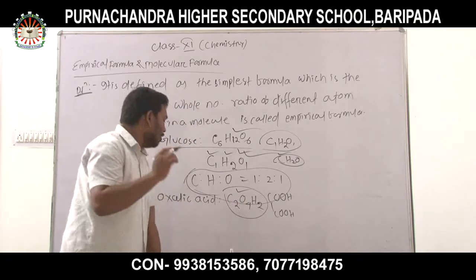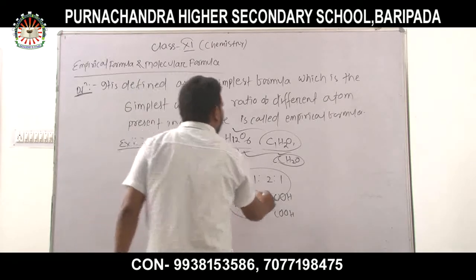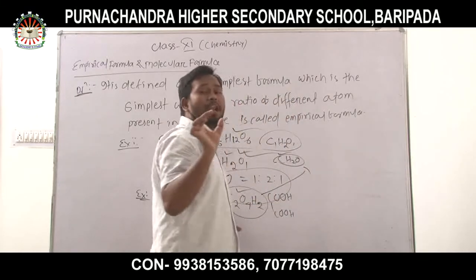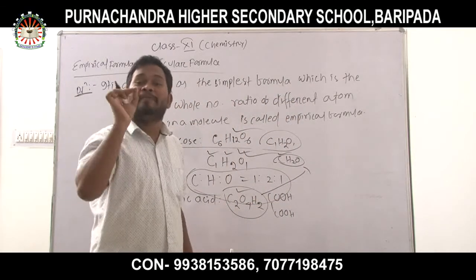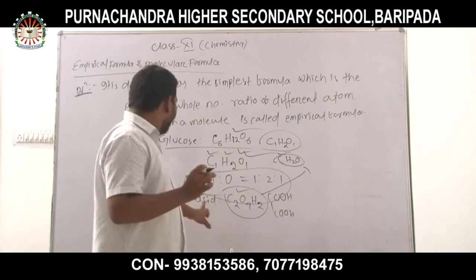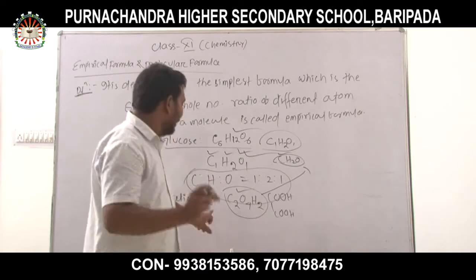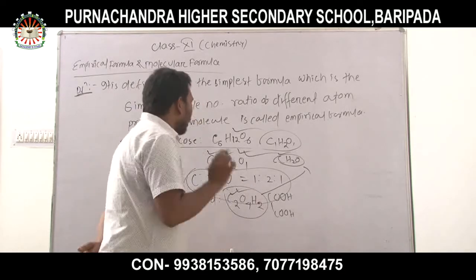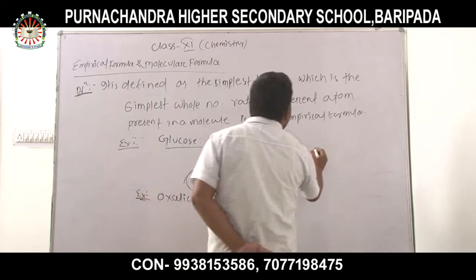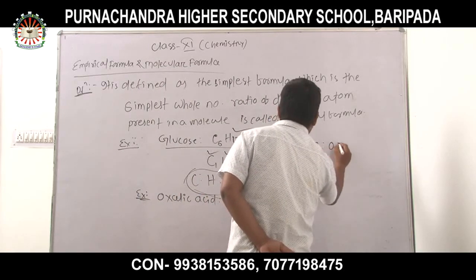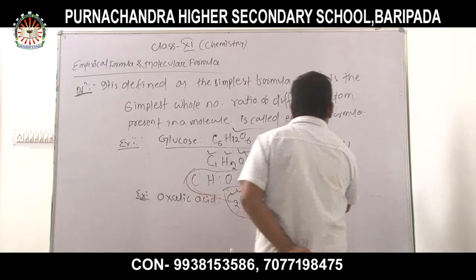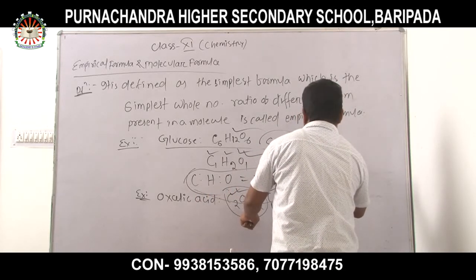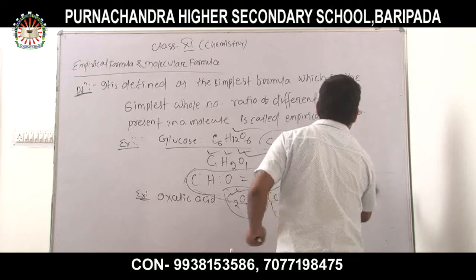Its empirical formula is the simplest whole number ratio of the different elements present in oxalic acid: carbon, hydrogen, oxygen. C to O to H equals carbon 1, oxygen 2, and hydrogen 1.